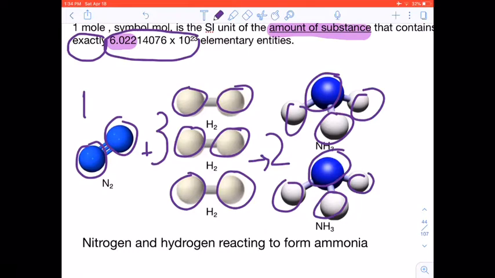So molecules are not conserved in a reaction, but the atoms are. Now, we know nitrogen is a gas, hydrogen is a gas, ammonia is a gas. When this reacts, let's have a look at this.